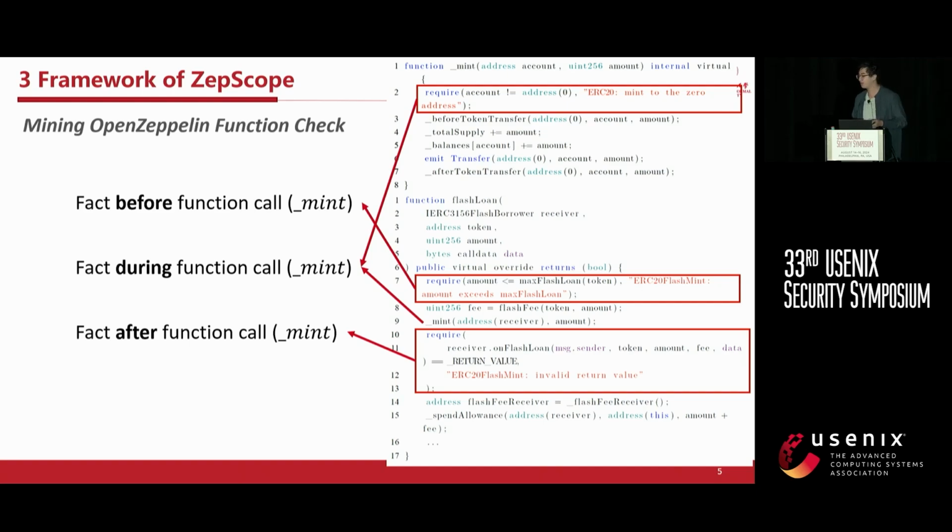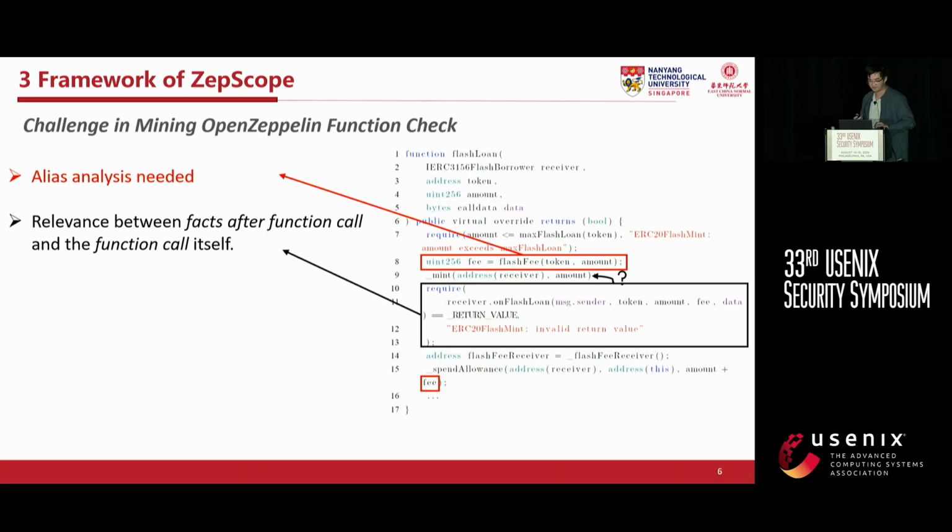During a function call, for example, in this case there is a mint function call on line 9, inside the function call there are also some requirements that need to be satisfied. And after the function call, there are postconditions. We extract facts before, inside, and after. There are three kinds of facts.